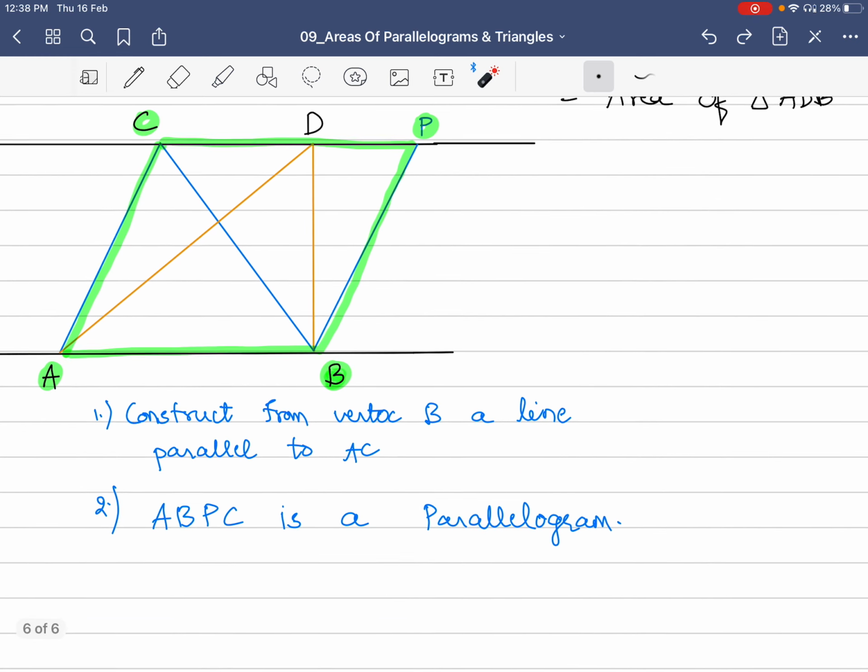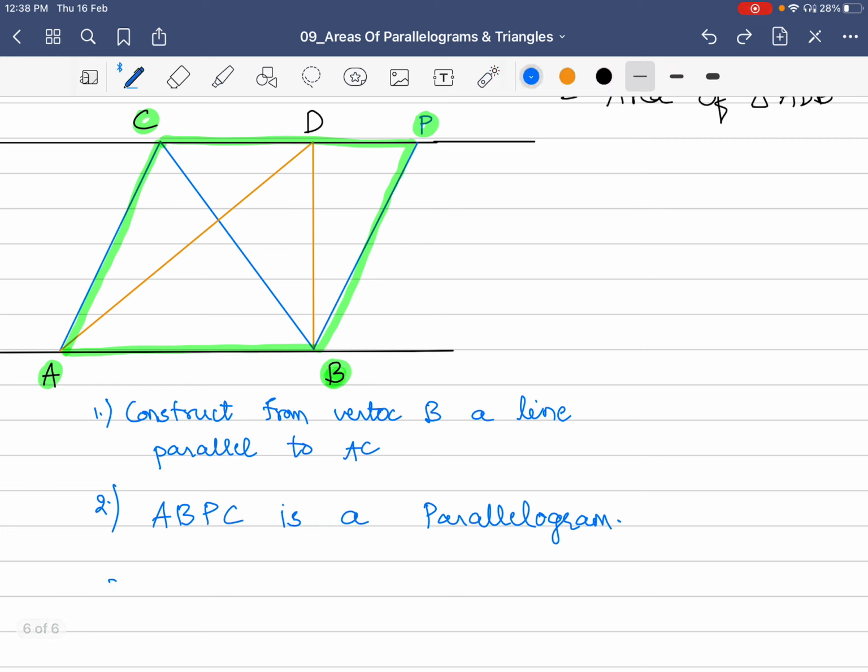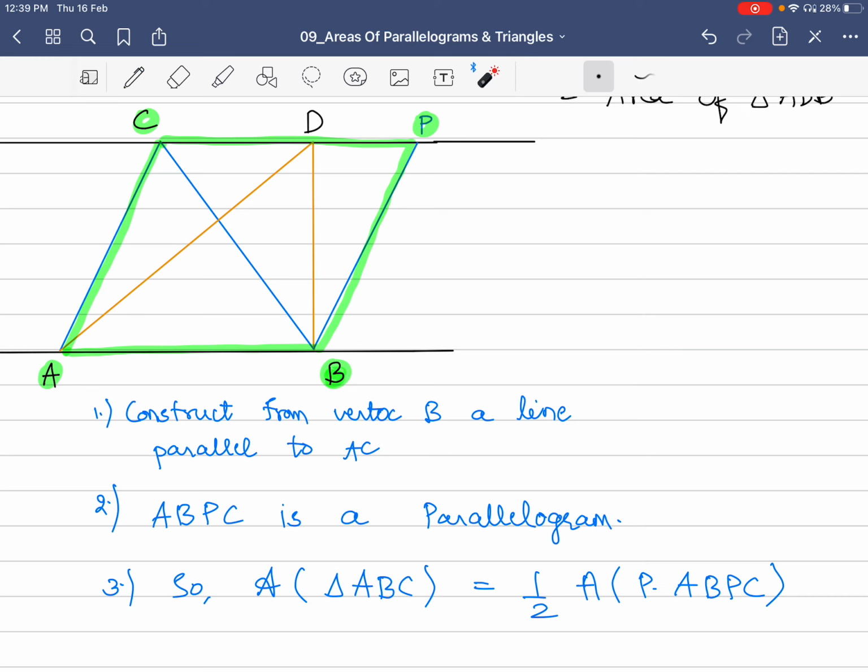So that is the third point that I'm going to note down: area of triangle ABC is equal to half the area of parallelogram ABPC.